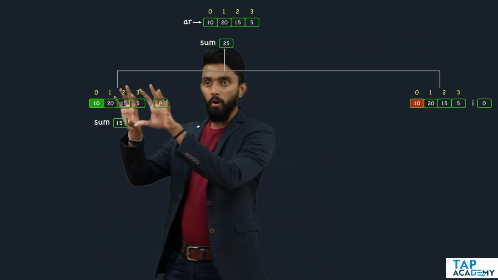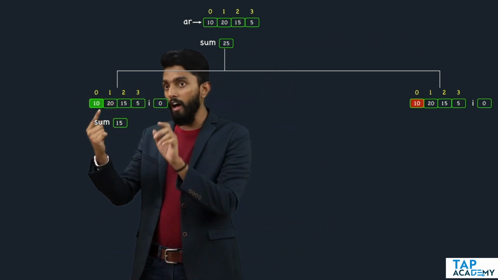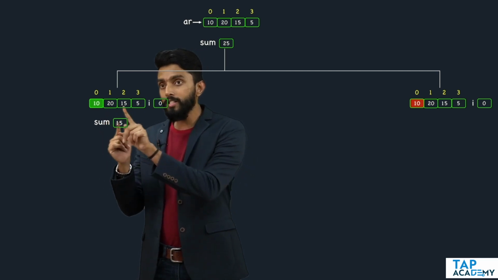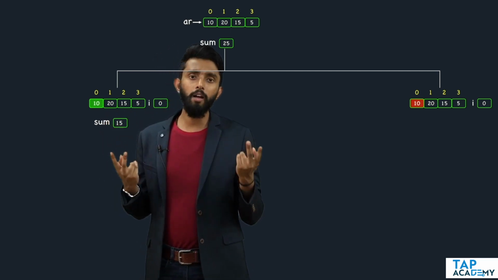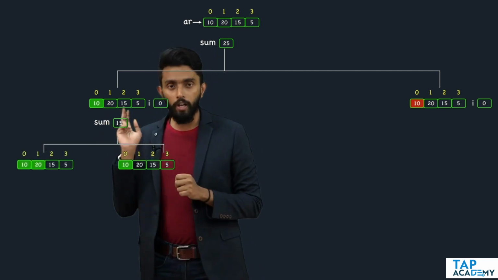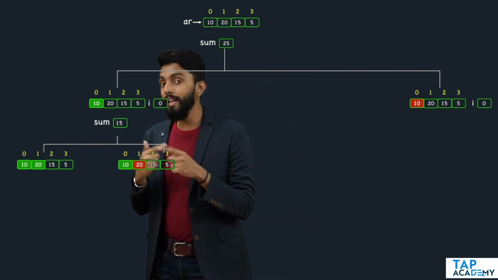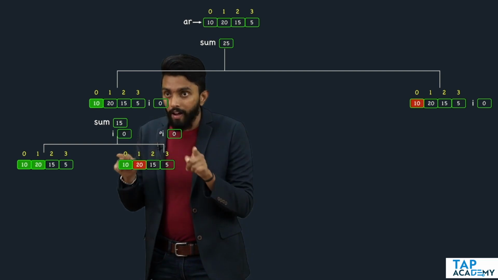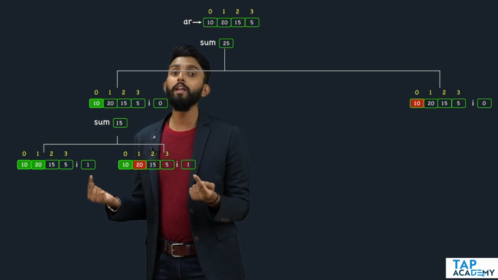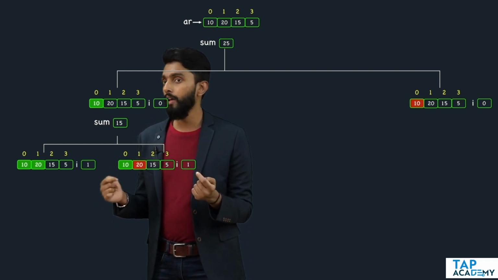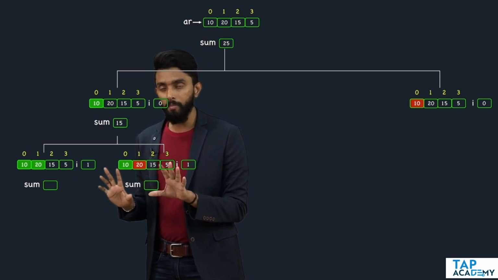Great. Now again, I have picked 10 here. Now the next element is 20. Again I have two options: either I pick 20 or I don't pick 20. Green, red. But this time, since we're dealing with the second element, the i value is going to be incremented. It's going to become 1. Sum, I'm leaving empty right now.